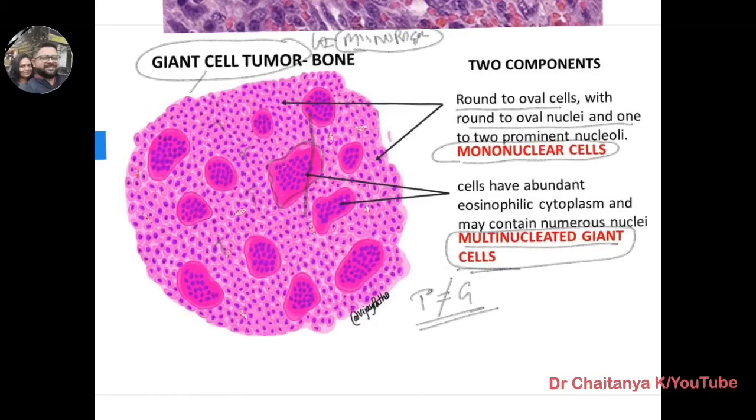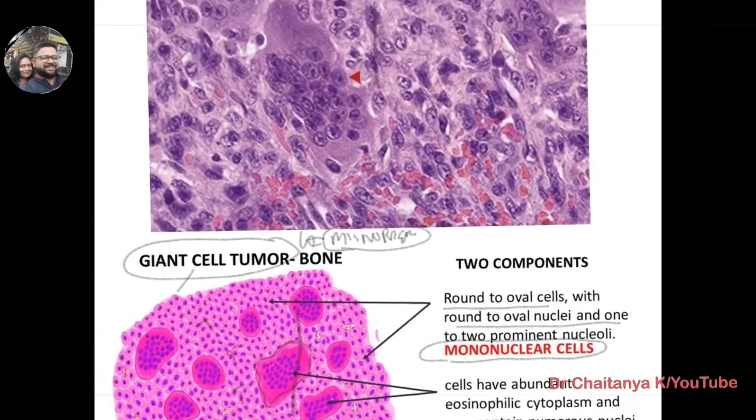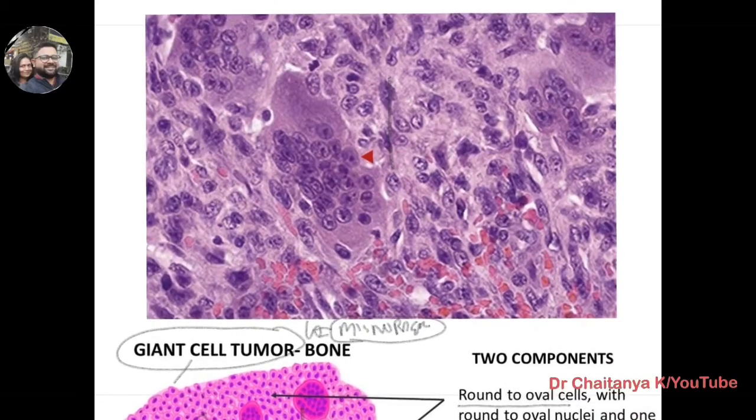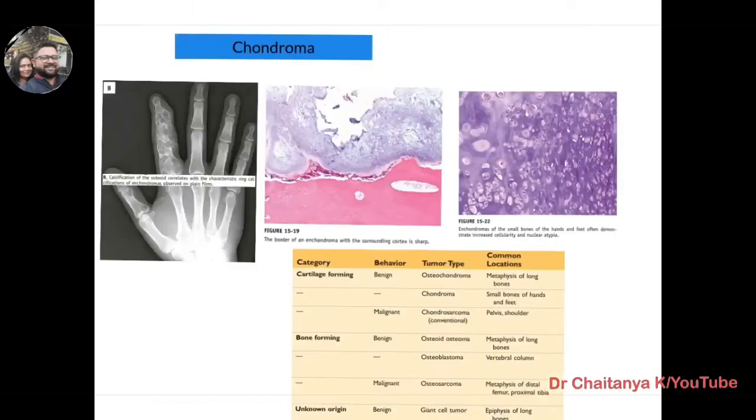This is the photomicrograph of the giant cell. Here you can see clearly, the red arrow is indicating the giant cell. If you see many giant cells under the microscope in our laboratory, then definitely you should go for giant cell tumor. The next slide is chondroma.